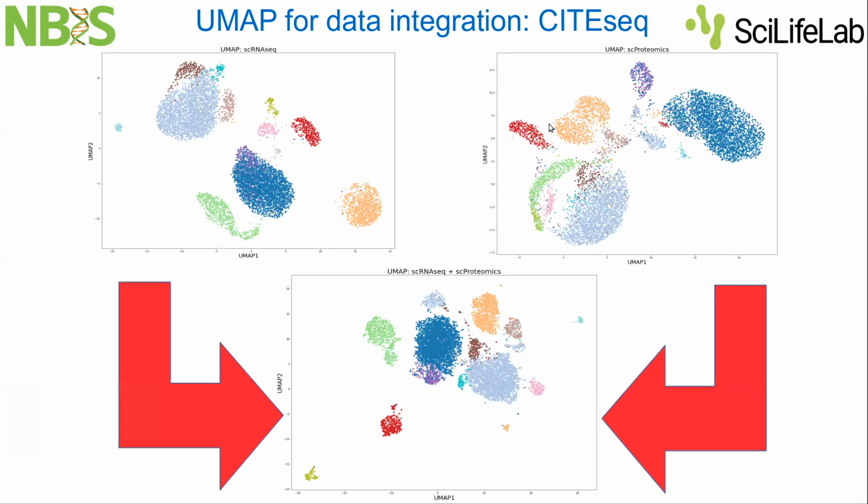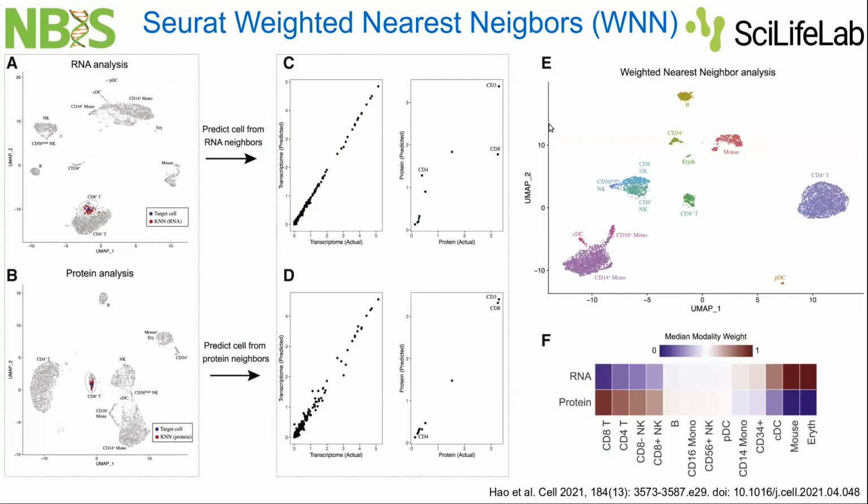This is a CITE-seq benchmark data set from Seurat. And this is what was actually implemented later in Seurat weighted nearest neighbors. If you check the manuscript and the equations, it's literally graph intersection. They construct KNN graphs on individual omics and then compute a consensus graph.